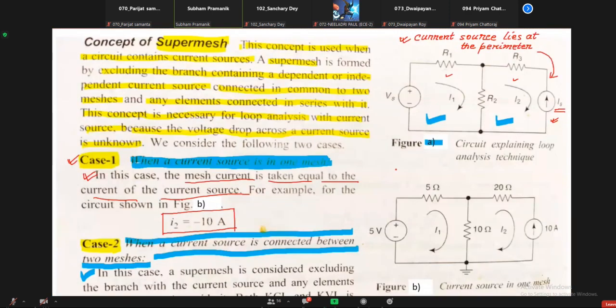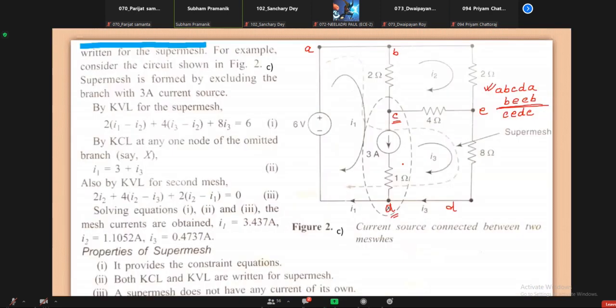When a current source is connected between two meshes, you can see A, B, C, D, A and C, E, D, C are the two meshes which share this current source. So if you exclude this branch, this oval-shaped line that is shown here, this is excluded, and what we get is the supermesh.